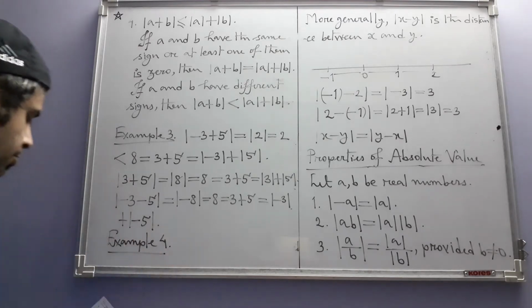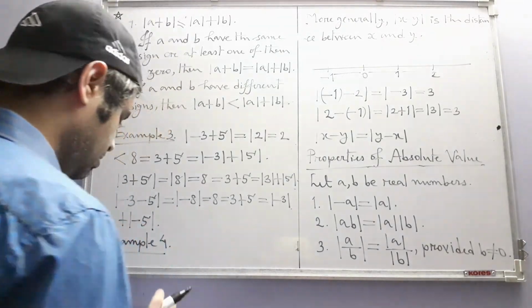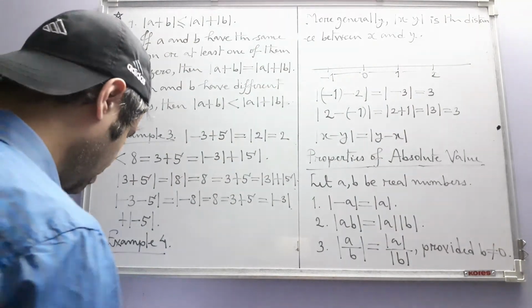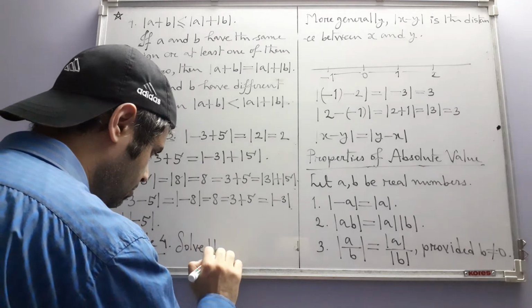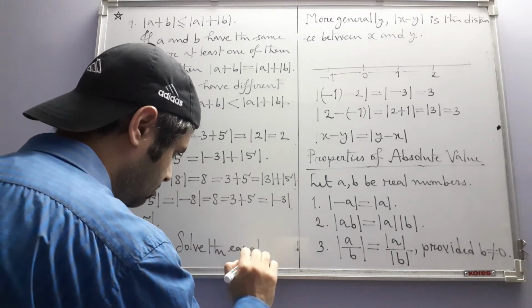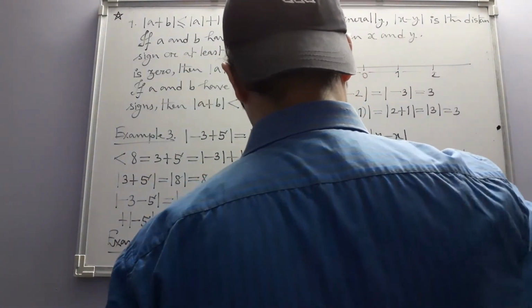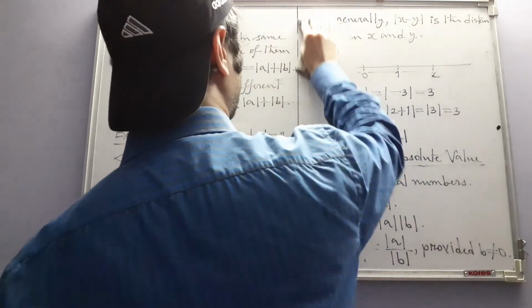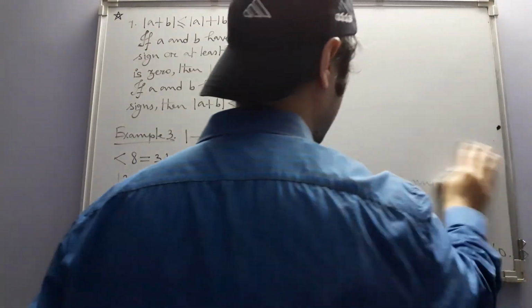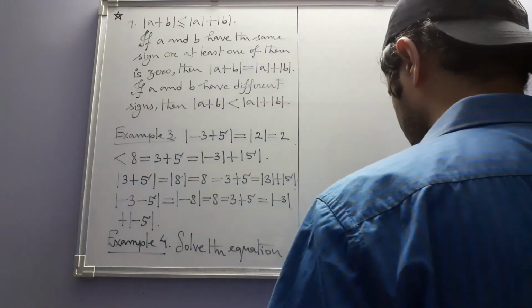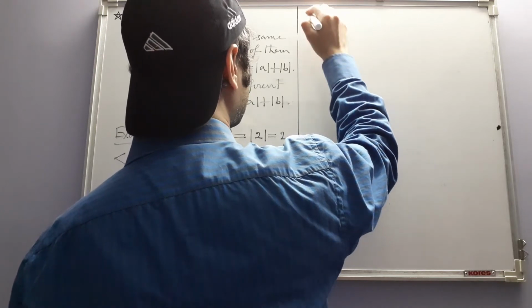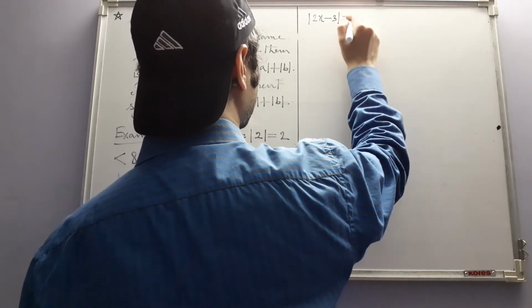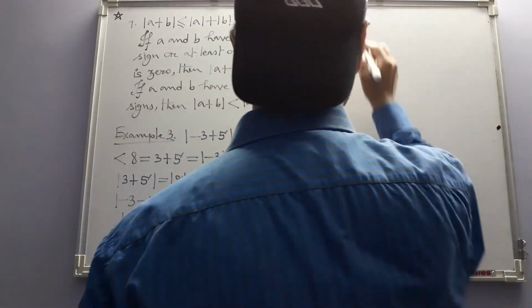Example 4. Now, an equation involving absolute value. Solve the equation absolute value of 2x minus 3 is equal to 7.